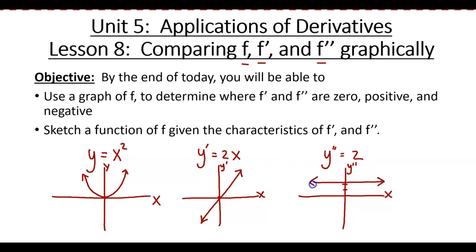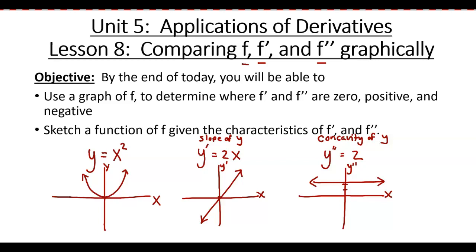Now, we want to remember that y prime represents the slope of y. And we want to remember that y double prime represents the concavity of y, the original function. So the derivative tells us the slope of the original function, whereas the second derivative tells us the concavity of the original function.